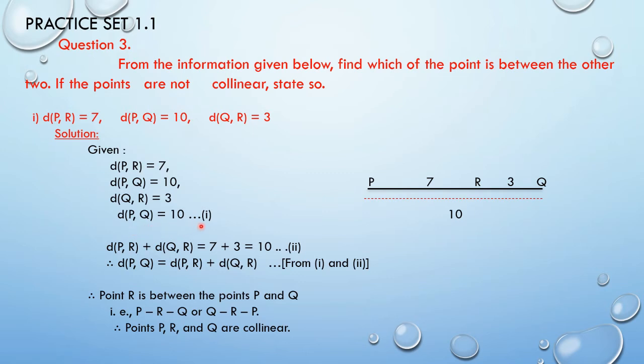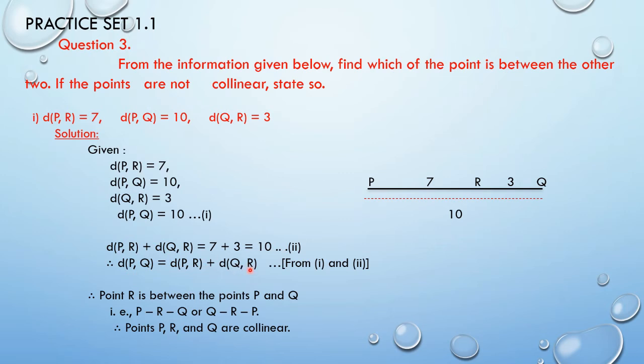And you have to check whether the sum of the other two is equal to 10 or not. Therefore, d of PR plus d of QR is equal to 7 plus 3, which is equal to 10. That is equation number 2. From equations 1 and 2, distance of PQ is equal to distance of PR plus distance of QR.